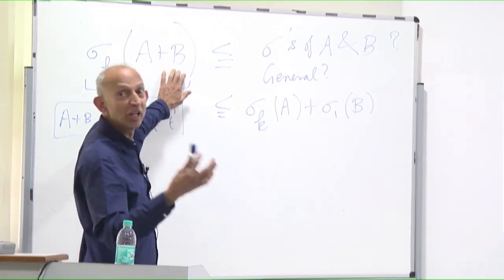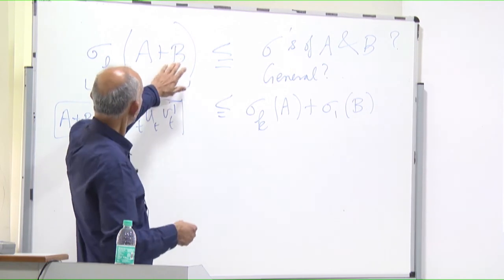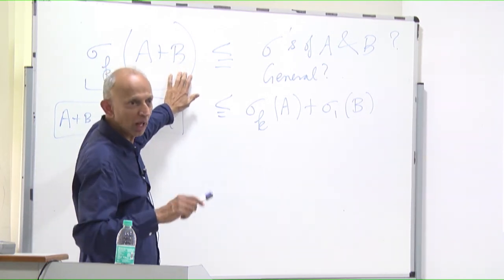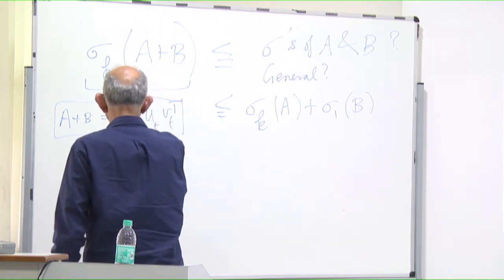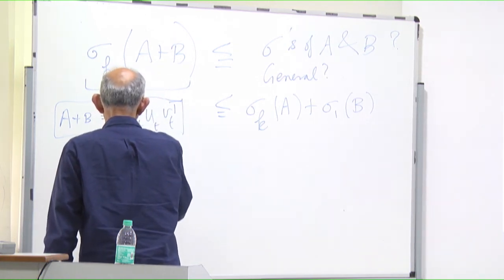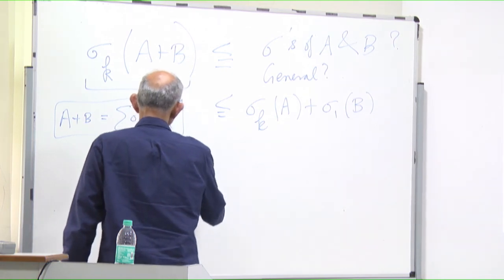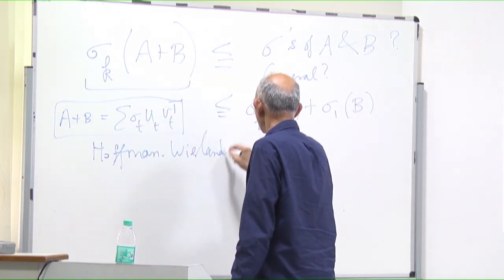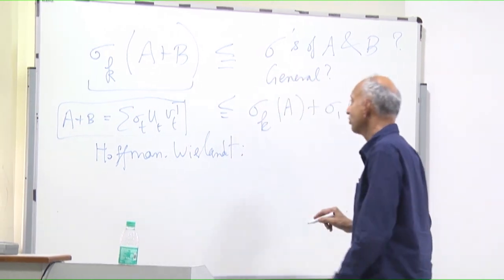But you could ask, suppose B is very small. B is noise, right? How much do singular values get perturbed? That's one thing you could ask. So there is something called the Hoffman-Wielandt inequality, which is a very nice inequality, and that says the following.